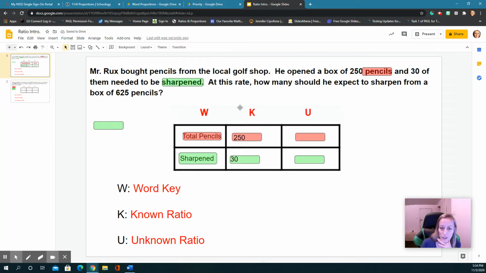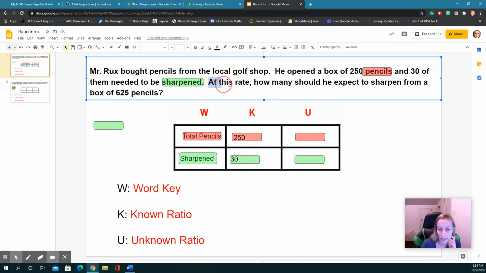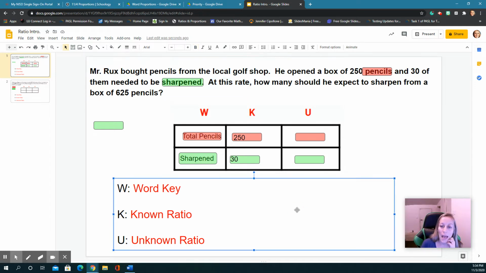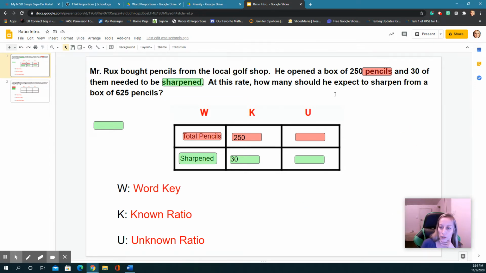So let's go finish. At this rate, this phrase, at this rate, tells you that you're doing a proportion. How many should he expect to sharpen from a box of 625? So sharpened is what we're looking for.